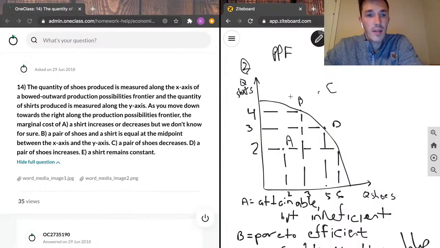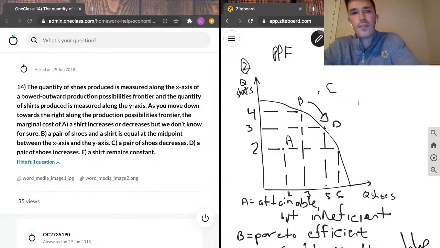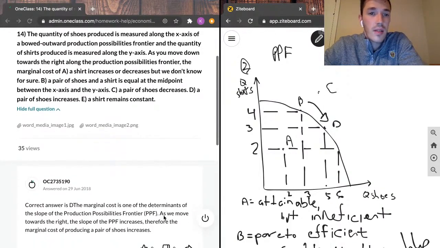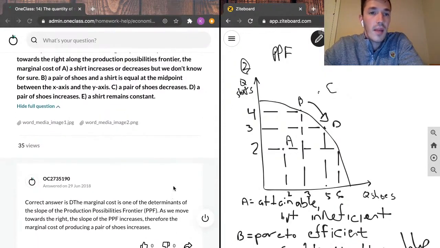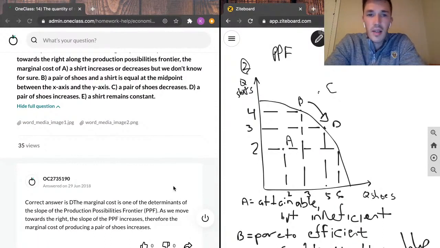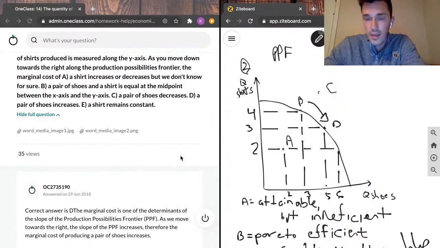As you move down towards the right on the production possibilities frontier, so for example, maybe as you move from B to D, the marginal cost of A, a shirt, increases or decreases, we don't know. B, a pair of shoes and a shirt is equal at the midpoint between the x and y axis. C, a pair of shoes decreases. D, a pair of shoes increases. And E, a shirt remains constant. And as our tutor said, the correct answer is D, a pair of shoes increases.